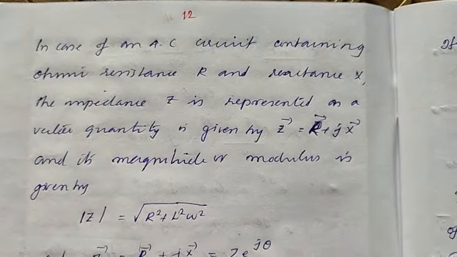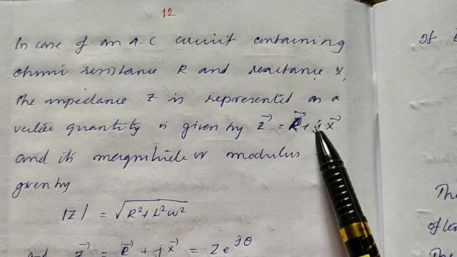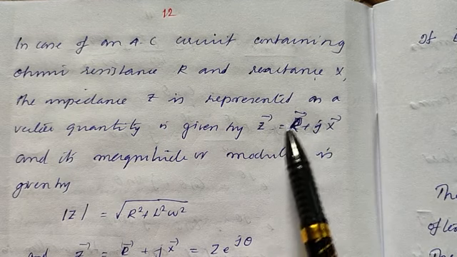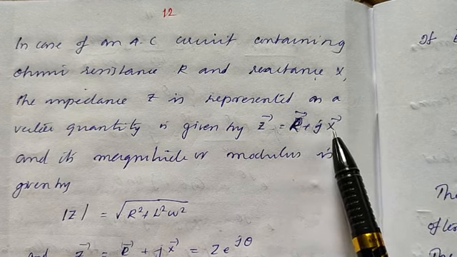In case of an AC circuit containing ohmic resistance R and reactance X, the impedance Z is represented as a vector quantity given by Z is equal to R plus jX. This is the form of impedance representing a circuit containing purely ohmic resistance and an inductive reactance.